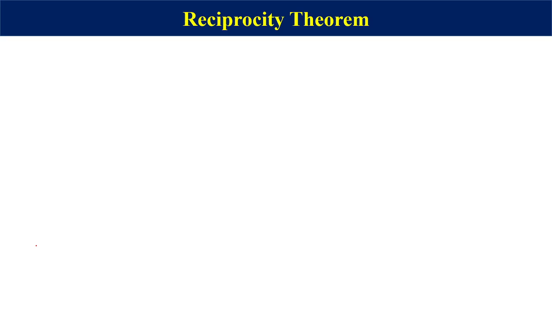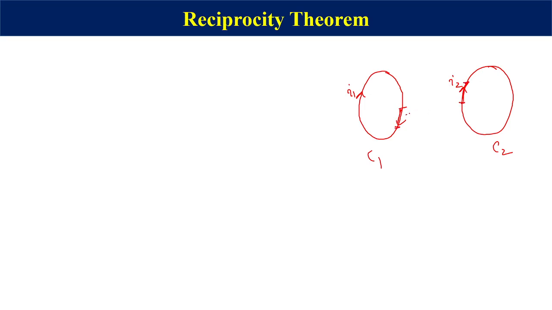So, in this case, we will consider two different circuits. Say this is one circuit C1, and this is another circuit C2. Let's consider a small current element here, because current is flowing in this particular direction. So this is I1 and this is I2. Once again it will come back, and this is another current element.